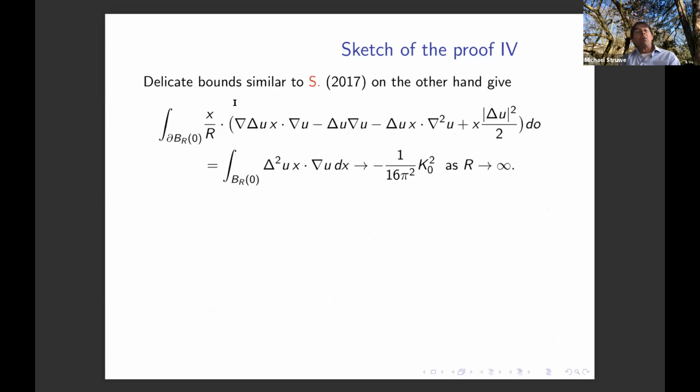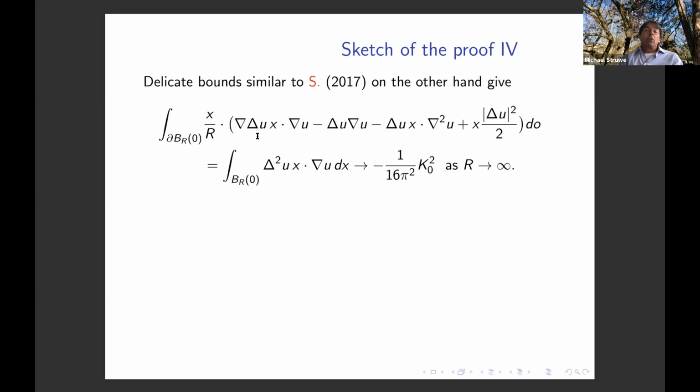because we can also now look in more detail at the left-hand side. So now we look at the bilaplacian of u times the scaling multiplier, and we had rewritten that as a divergence term. So when we integrate over the ball BR, all we are left with is this boundary integral term.